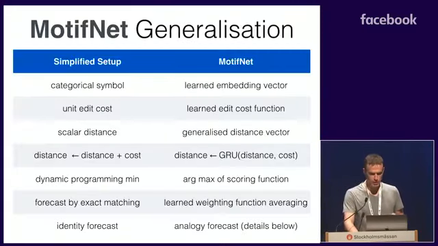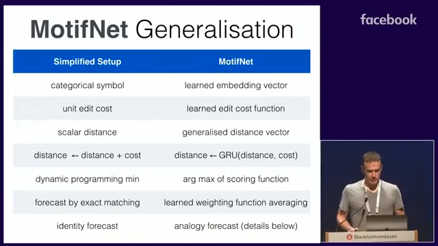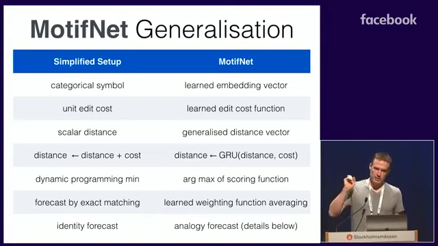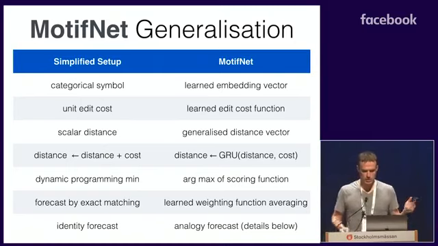The way we do that is pretty mechanical, really. We just go through the components of what I just presented. I should add that the simplified model I just presented does actually generalize a number of classic sequence models: variable order Markov models, prediction suffix trees, context tree weighting. But we generalize it further by basically learning all of the components.